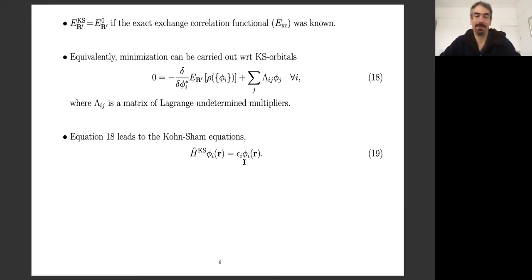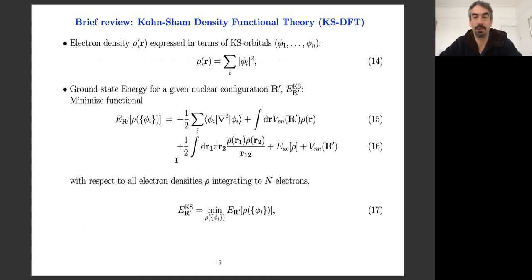Okay. So again, like Hartree-Fock, the DFT is a self-consistent field equation because in order to construct the Kohn-Sham Hamiltonian, you already need orbitals, right? You already need the solution.